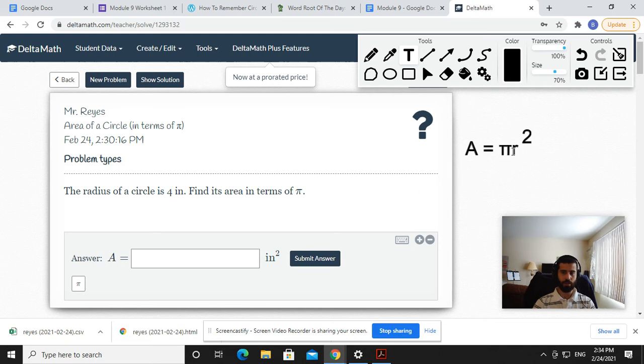Pi r squared, so 4 to the power of 2 is 4 times 4. I'll see if I can link a video on doing things to the power of 2 in the help sheet as well. So that means 16 pi square inches.